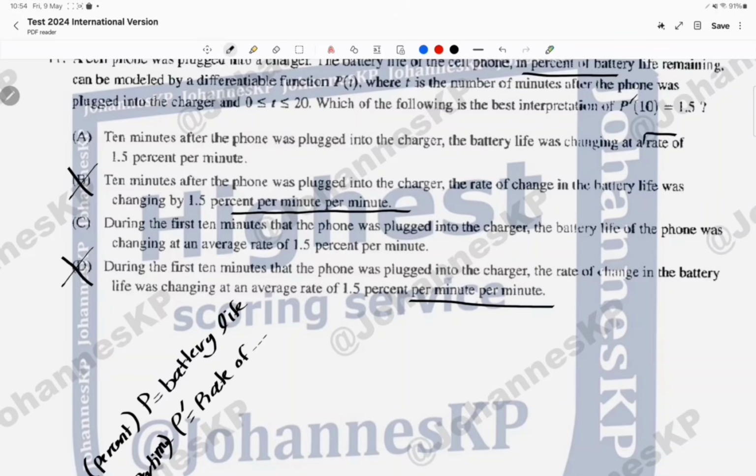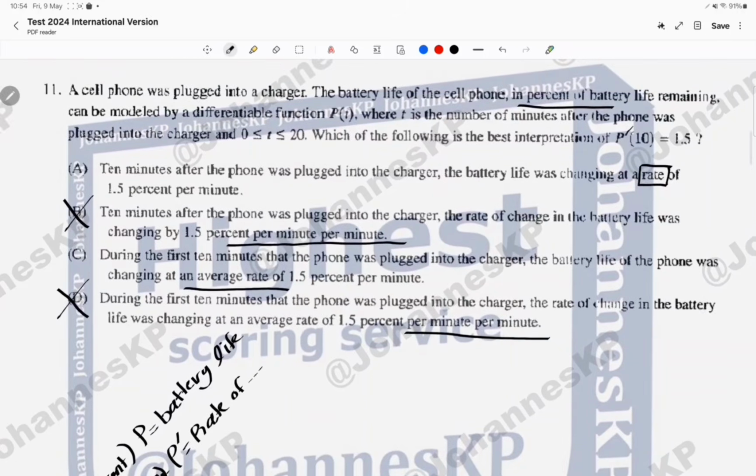I said rate. I did not say average rate, I said rate. C says average rate. That's not okay. So 11 is going to be choice A.